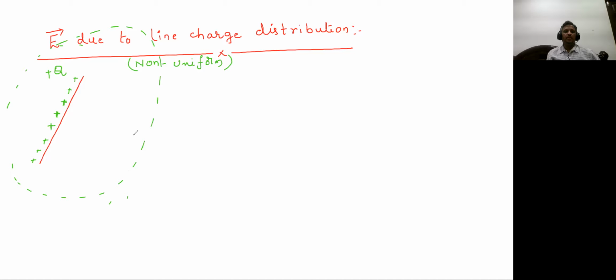This is the point where I want the electric field intensity. That is what your heading is, E due to a line charge distribution, or we can say E at a point. But we cannot get directly the electric field intensity at this point due to this line charge distribution.